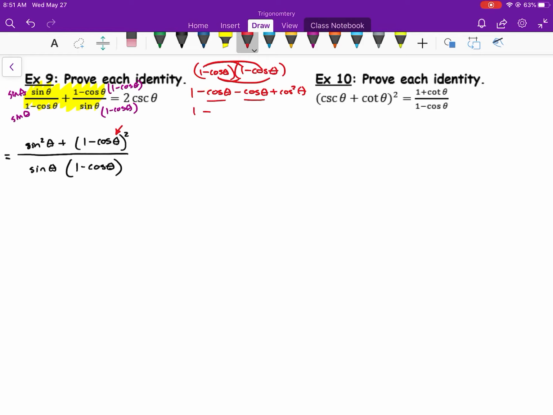Get 1 minus 2 cosine theta plus cosine squared theta. That goes back in. Becomes plus 1 minus 2 cosine theta plus cosine squared theta.